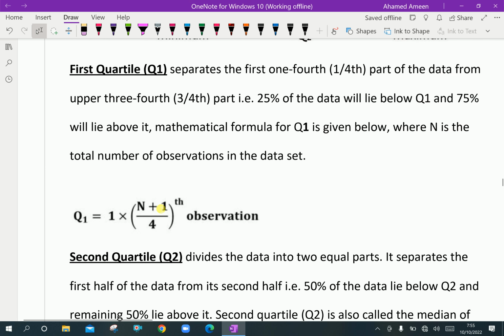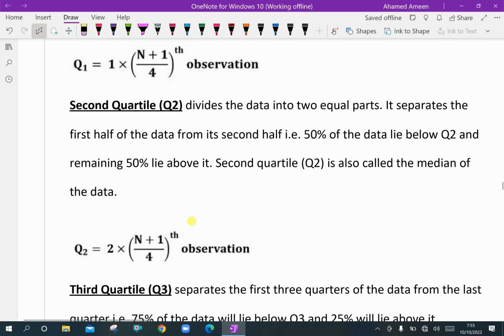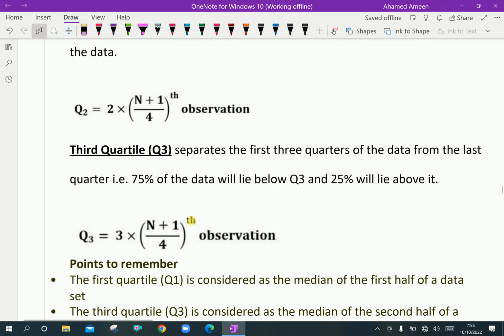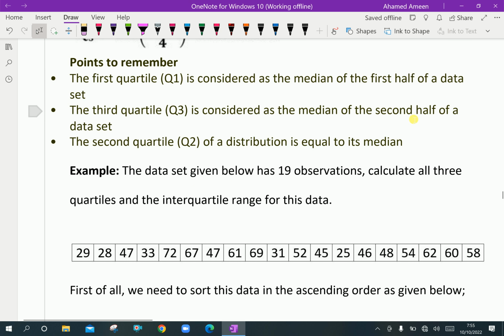Suppose this is the second half, in between is Q3, that is Q3 is the median of the second half. The second quartile Q2 of the distribution is equal to its median.